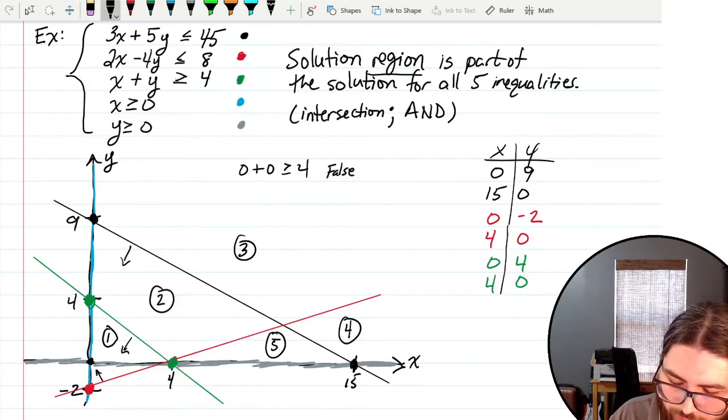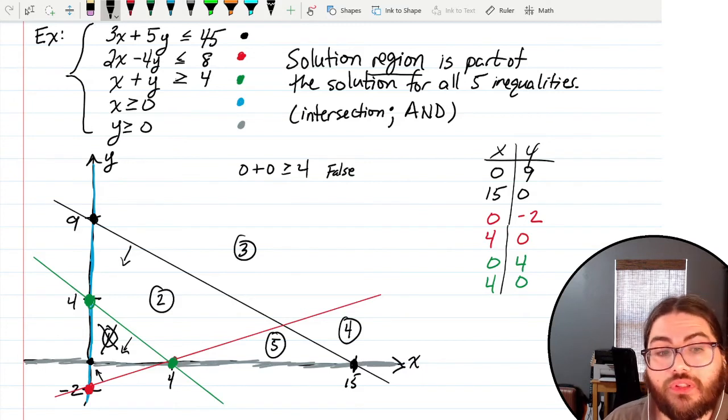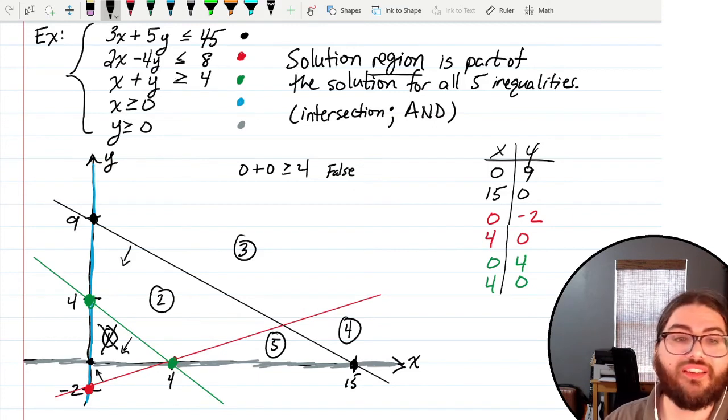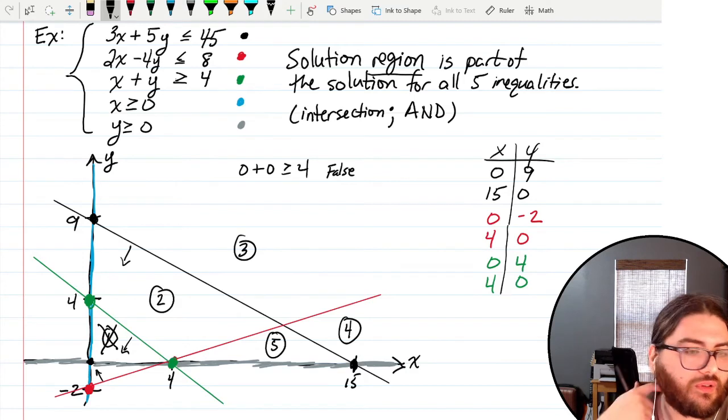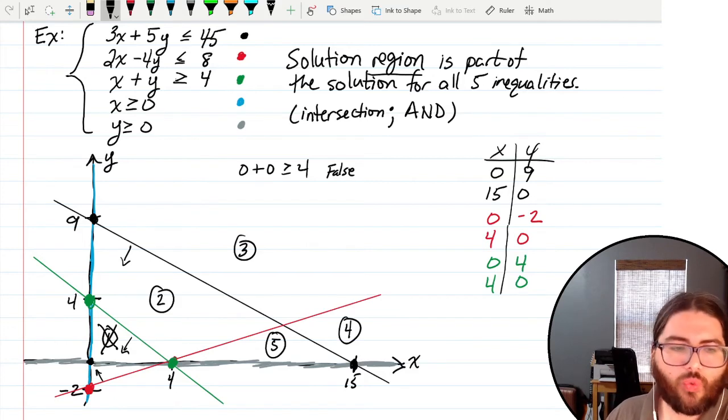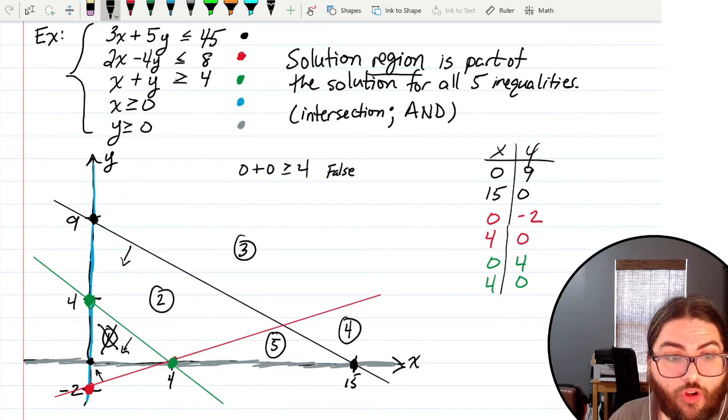You only need one false to eliminate one of the regions from the graph completely. That's not part of my solution because it doesn't match with the green line. It's on the wrong side of the green line. If it was on the correct side, then I would move on to a different one. And remember, it has to solve all 3.